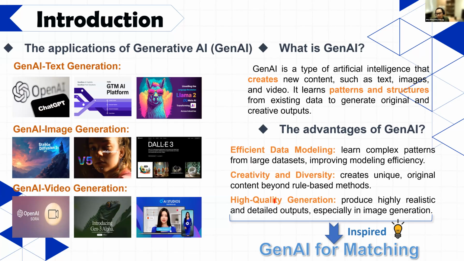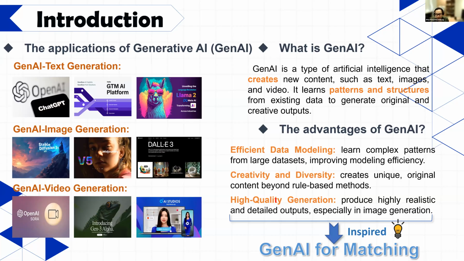It also provides creativity and diversity, because the output of a generative AI model can create unique original content beyond rule-based methods or traditional AI. It can provide high quality generation to produce highly realistic and detailed output, especially, for example, in image generation. So in our research work, we come up with the basic question.